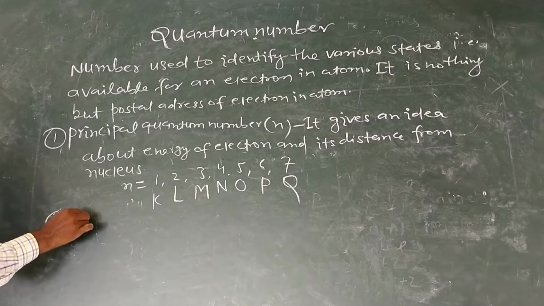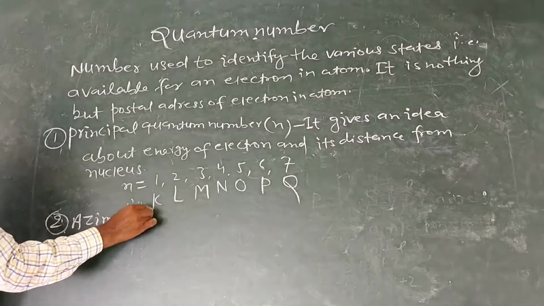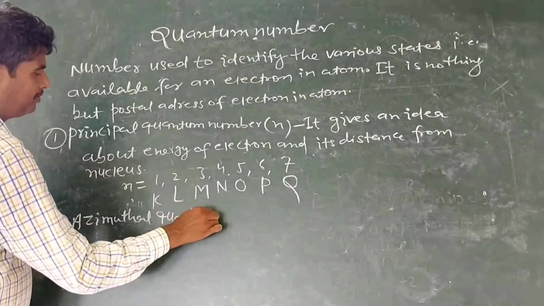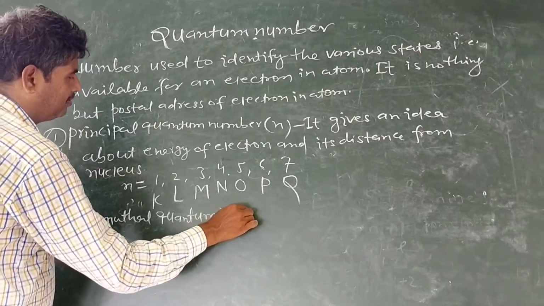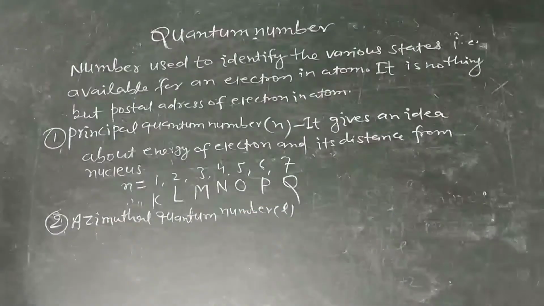Second is the azimuthal quantum number, l.